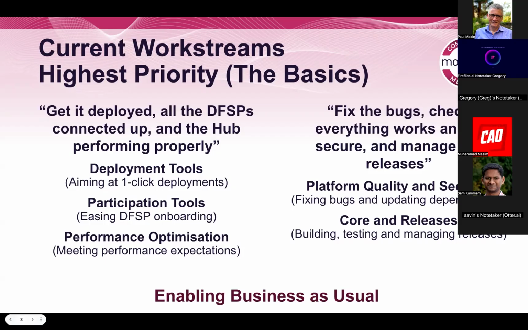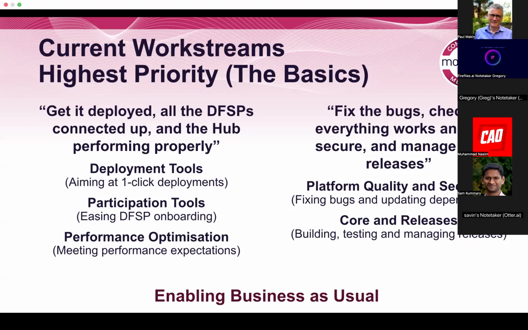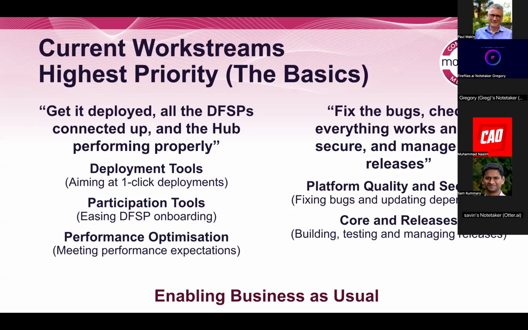Separately, there's the maintenance stuff that we need to make sure that Mojaloop continues to be reliable and is released as changes are made. So platform quality and security is another of the long-term work streams, which is all about fixing all the bugs and in particular addressing security concerns and updating also dependencies on other open source projects, which is an infeasibly large number of projects.